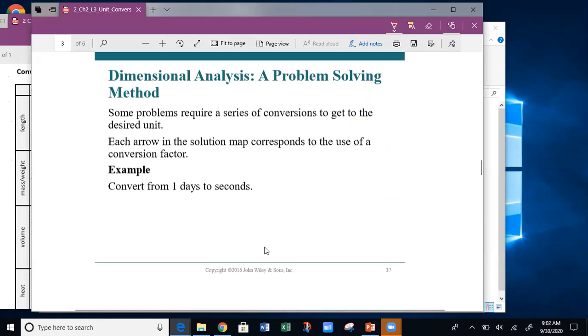Now, the next problem involves multiple steps, and we have to convert 1 day to seconds. I know that this one's going to involve a lot of space. Usually I just automatically give myself a lot of space. Now, what we need to do is think about what we know. I know that 1 day is 24 hours.